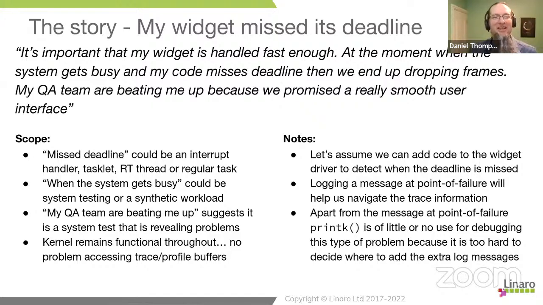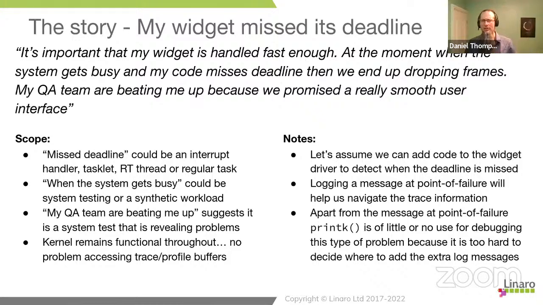Okay. So next story, my widget missed its deadline. In this case, it's a deliberately vague story. It's important the widget gets handled quickly enough, and when the system gets busy, that is not happening, and we end up having something bad happen. You can see my set-top box heritage there because I said dropping frames, but there are lots of other bad things that can happen when we miss our deadlines.